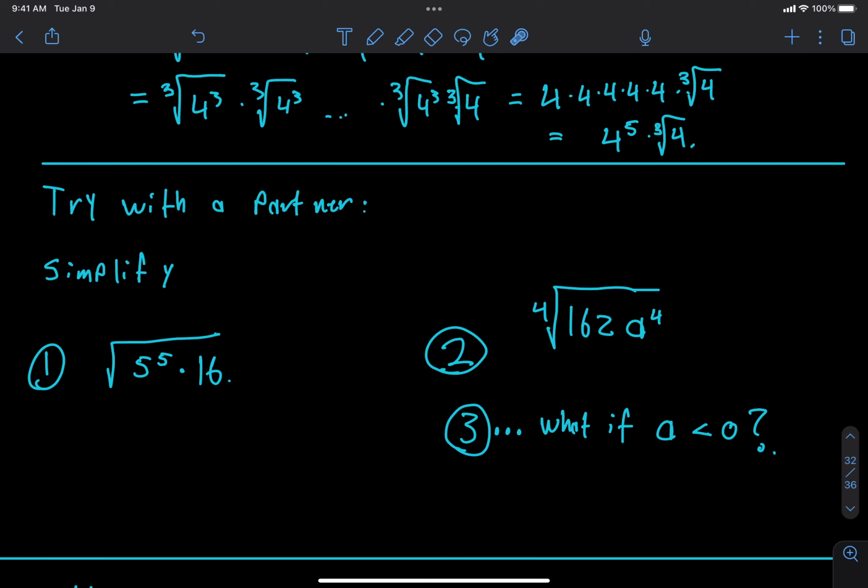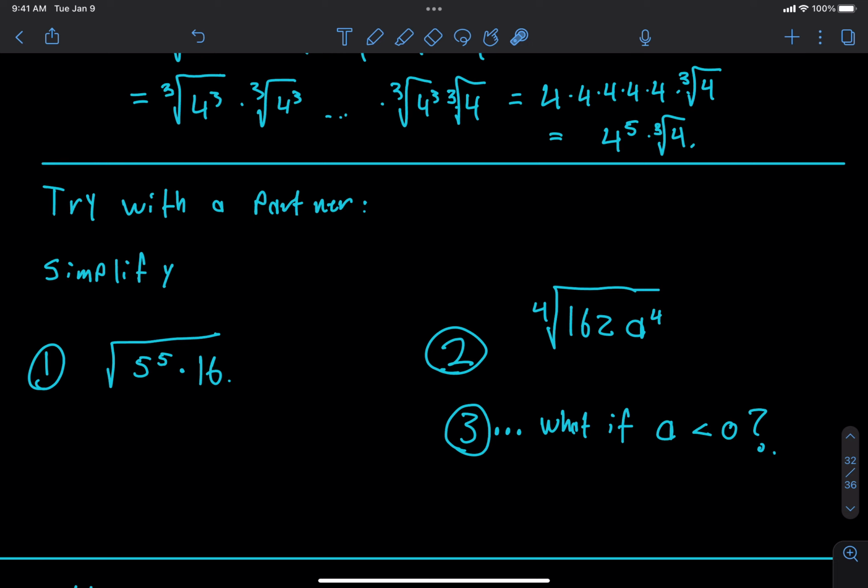So you rewrite it as 5 to the 4, but the 5 to the 4 I think should still be square root here.